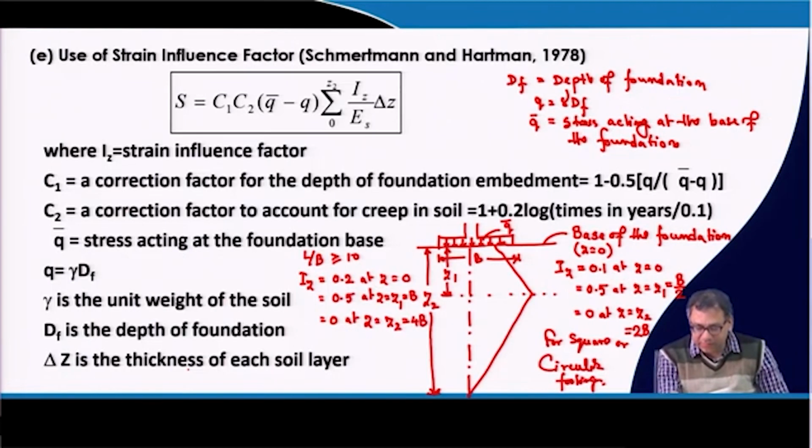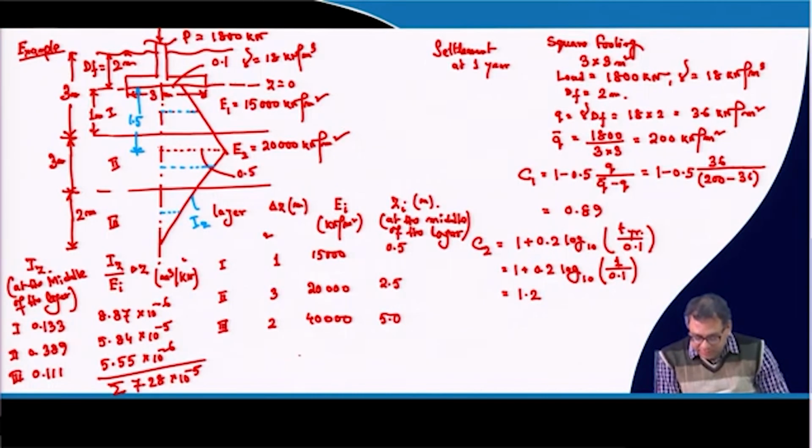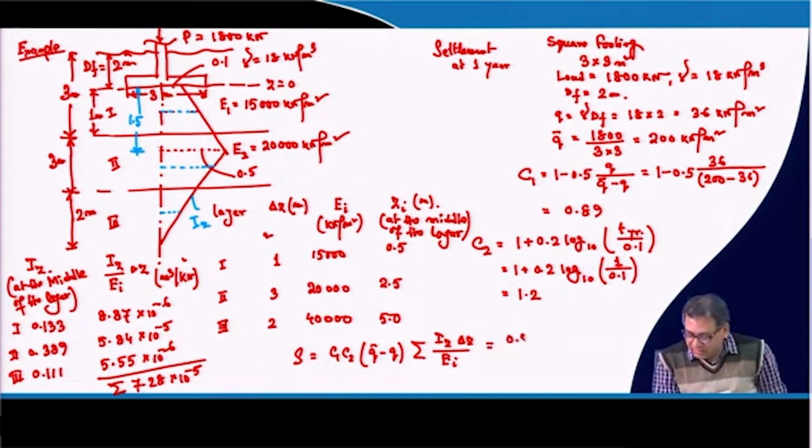Why are we adding them? Because we have to add them for each layer. Now the final settlement S will be equal to C1, C2, (q bar minus q) times the summation of Iz delta z over E_i. So C1 is 0.89, C2 for one year is 1.2.